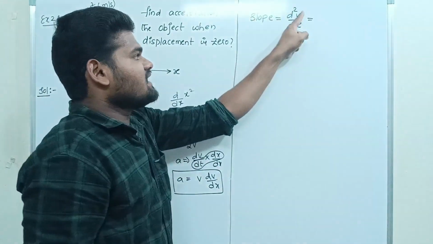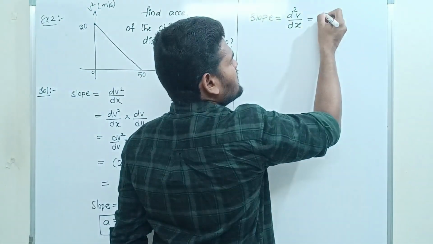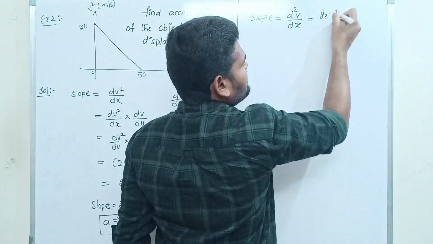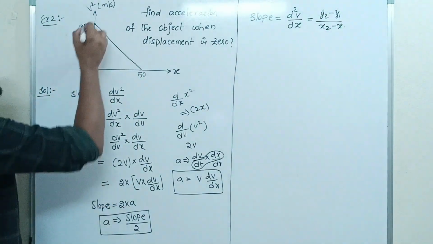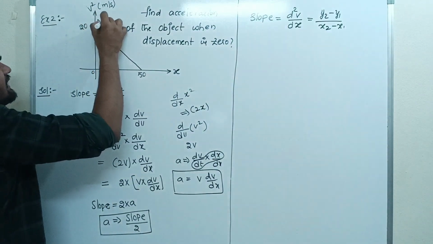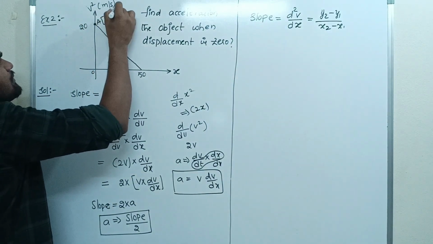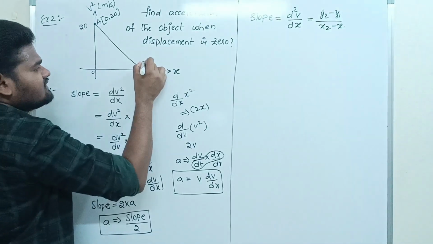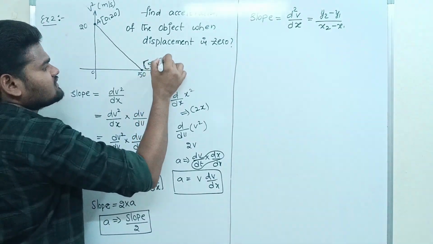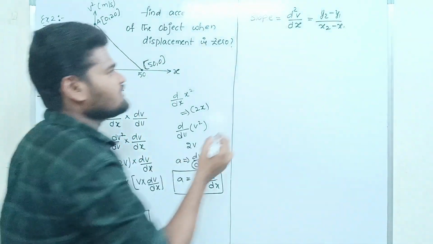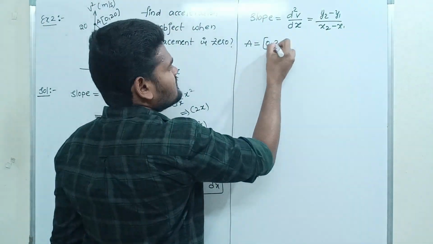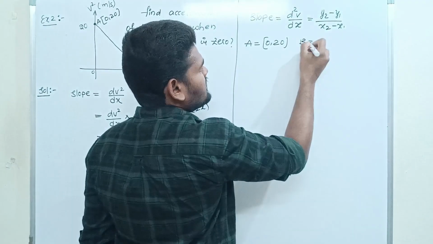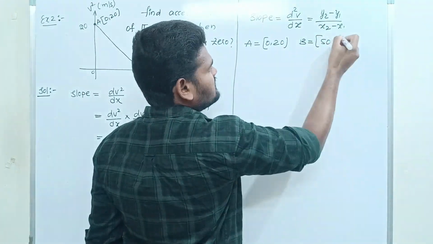Slope is equal to how much? y2 minus y1 by x2 minus x1. Okay, so have a look. Already we got these points. A is equal to 0 comma 20. At this point, B is 50 comma 0. In the previous question we had solved this.